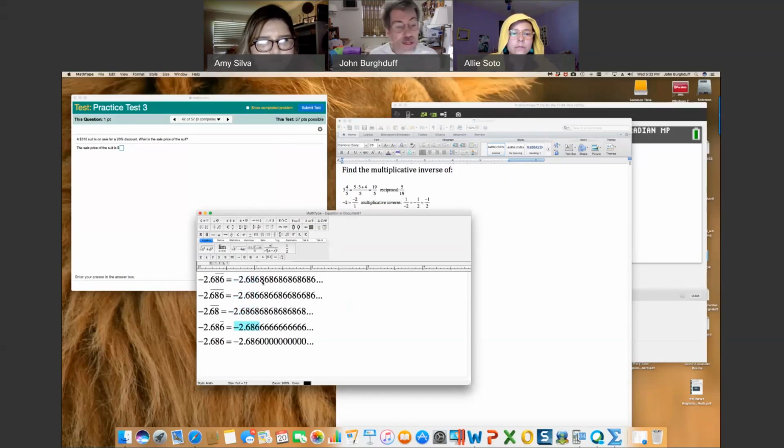Okay. So I noticed this one has an 8, this one has a 6, this one has a 6, this one has a 6, and this one has a 0. So we're thinking negative. The smaller numbers on the number line, on the negative side, are when the digit is largest.